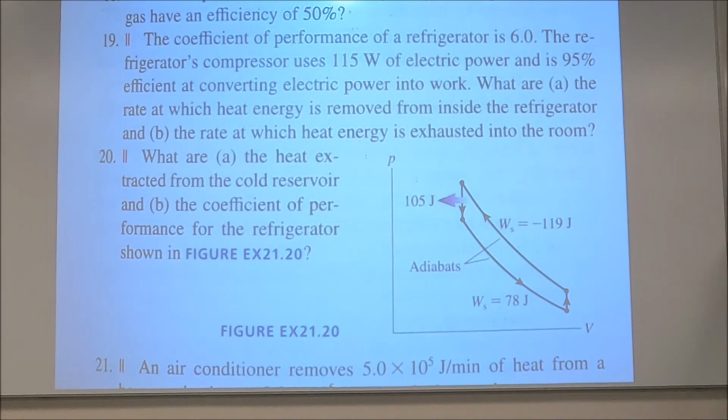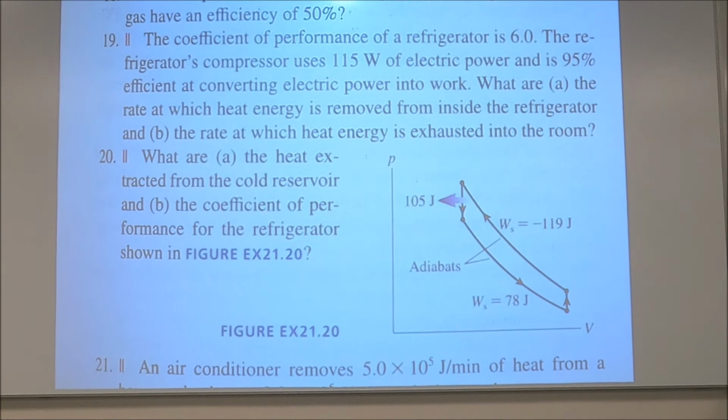Okay? And that means that QC has to equal, Q hot is equal to QC plus work in. So work out was 105 joules. That has to equal QC plus the work in, which was 41 joules.